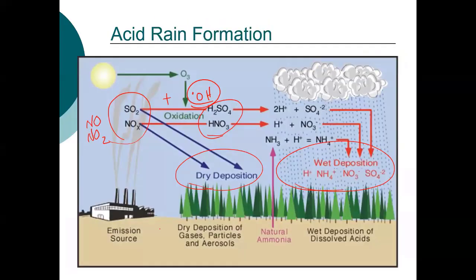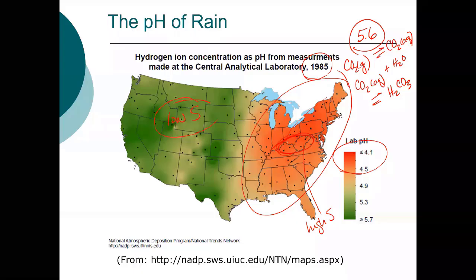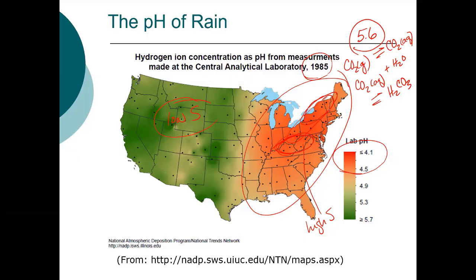So if we go back and look at this map here, much of this region has granite outcrops. Because it has granite outcrops, the soil doesn't have much buffering capacity, and the waters don't have much buffering capacity. So as a result, the impact of acid rain was very significant in these regions.